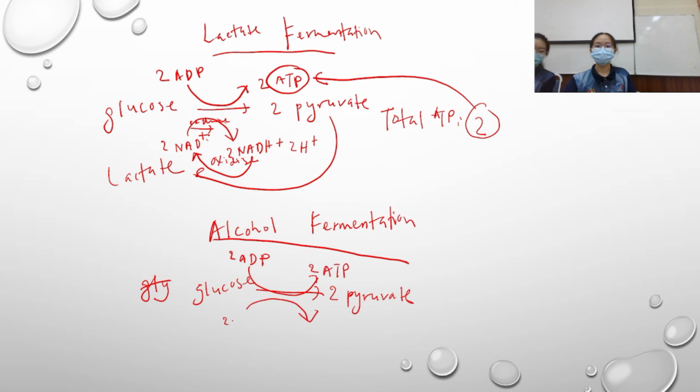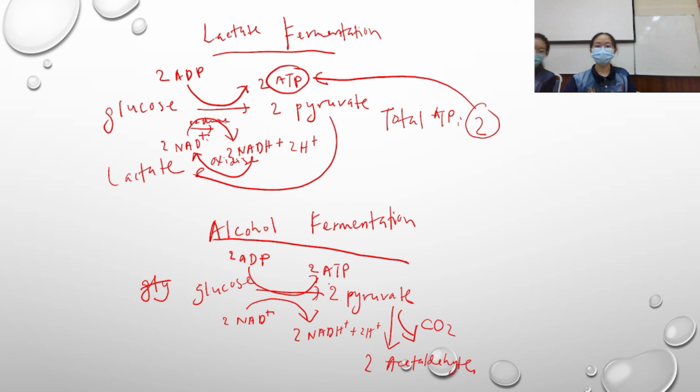Same as before, NAD+ will receive the electrons and turn into NADH and 2H+. The difference in alcohol fermentation compared to lactate fermentation is that the pyruvate will not directly receive the electrons from the NADH. It will undergo decarboxylation, which removes carbon dioxide and turns it into 2 acetaldehyde.